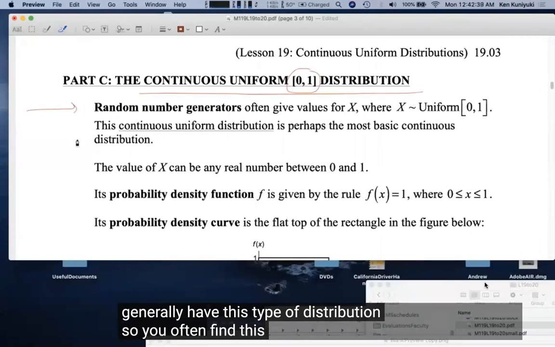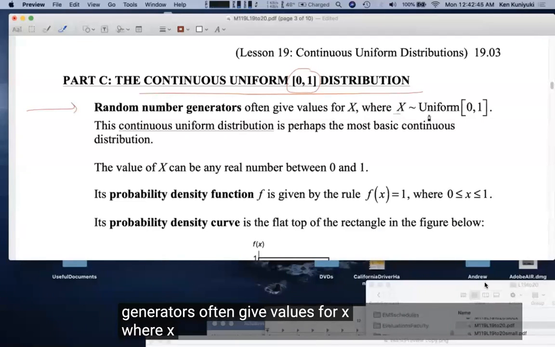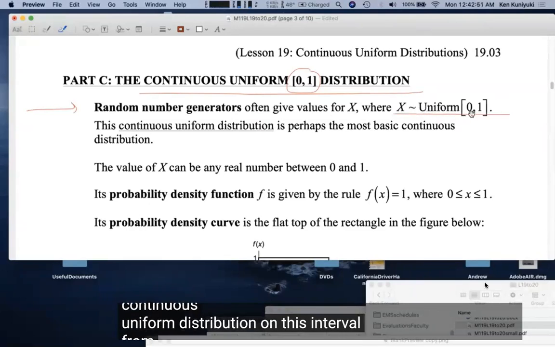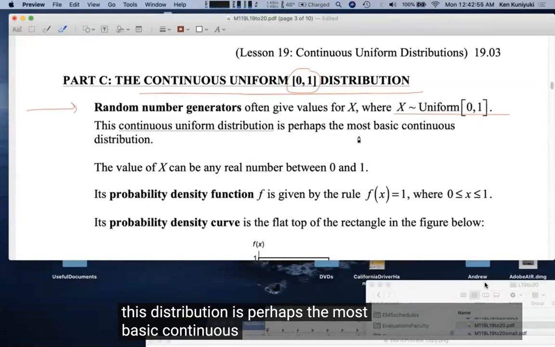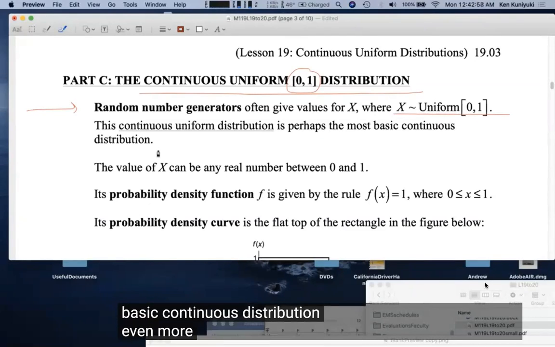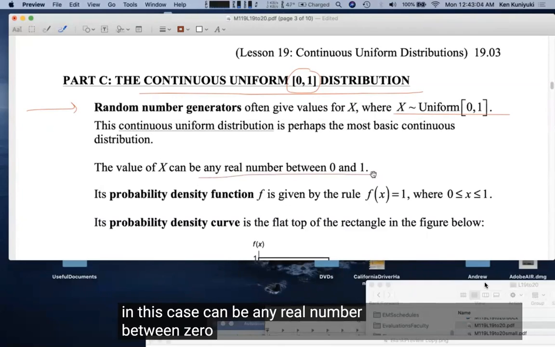So you often find this in software packages or on calculators. Random number generators often give values for x, where x has as its distribution a continuous uniform distribution on this interval from 0 to 1. This distribution is perhaps the most basic continuous distribution, even more so than the bell curves. The value of x in this case can be any real number between 0 and 1.